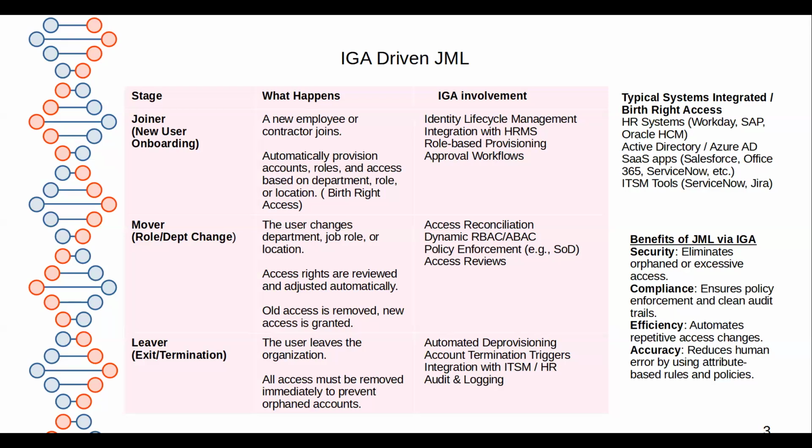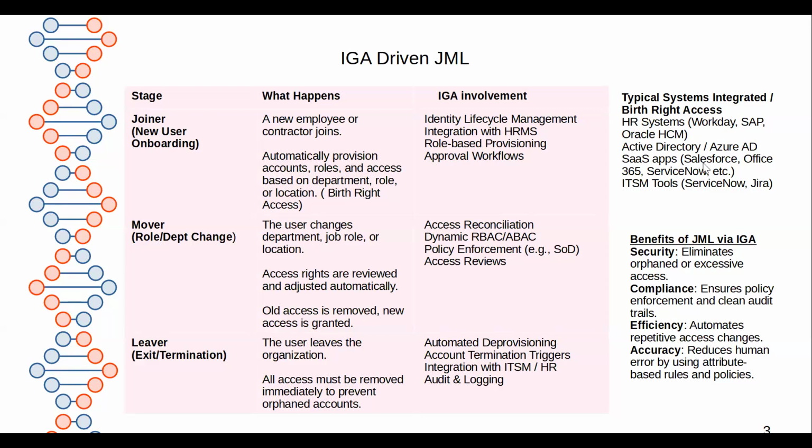The typical systems which are supposed to be integrated as far as birthright access is concerned. In case of a joiner, when a new user joins, it could be your HR system, such as Workday, SAP or Oracle HCM. For email address, it could be Active Directory, Azure AD, or anything else.